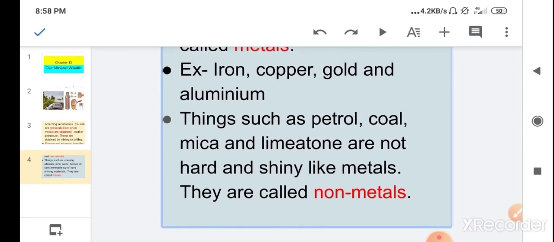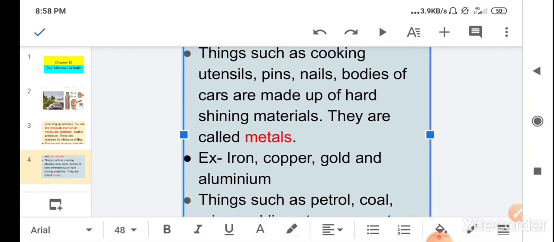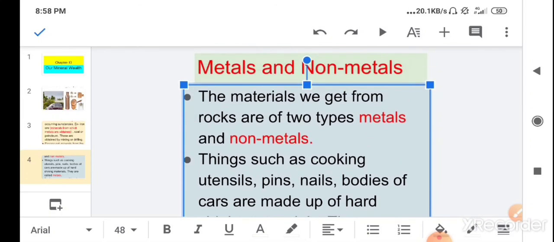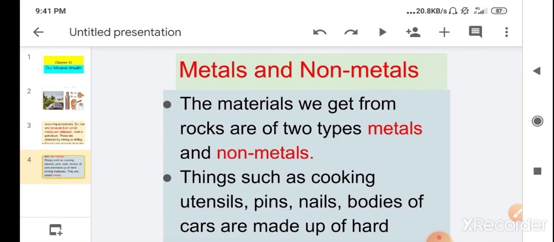These are the two types of rocks from which different objects are made. The materials for different objects we get from rocks, and rocks are of two types: metals and non-metals.